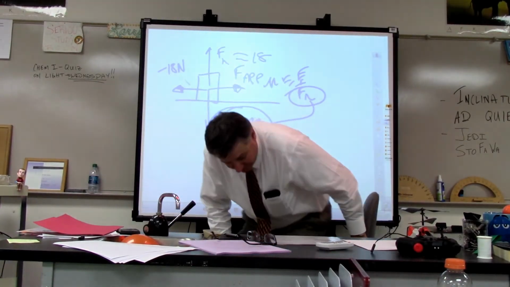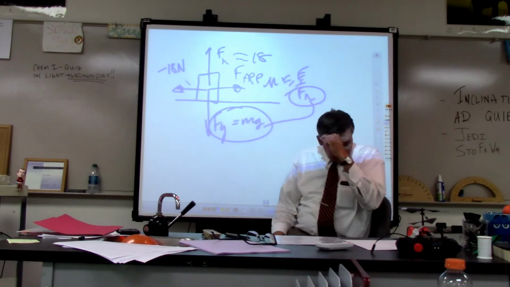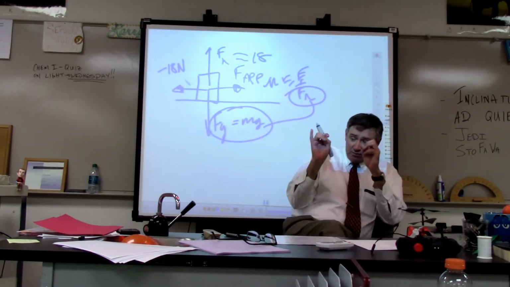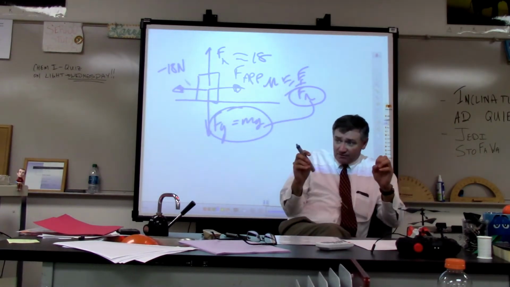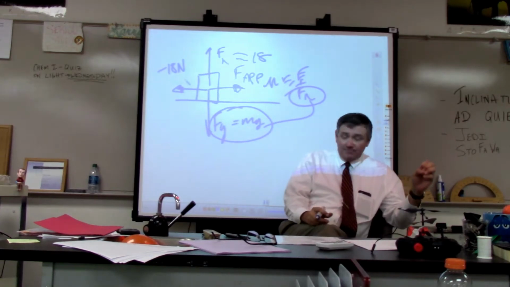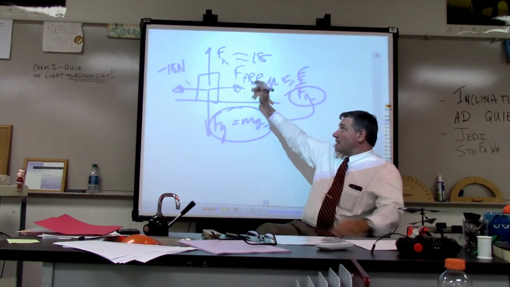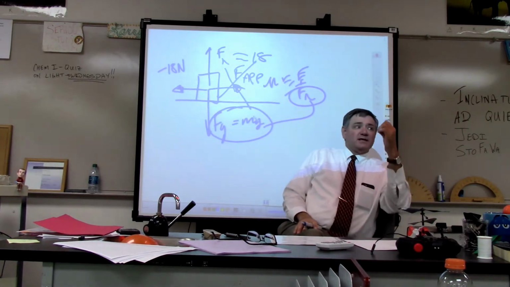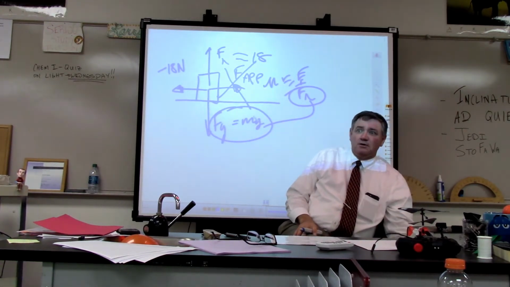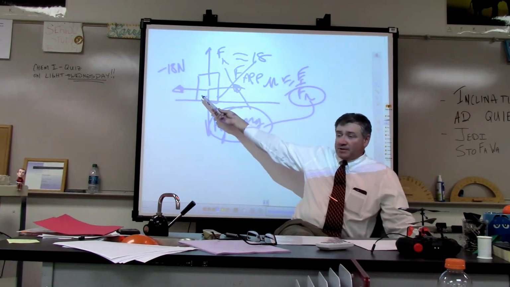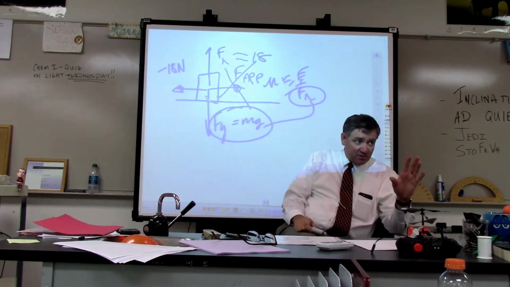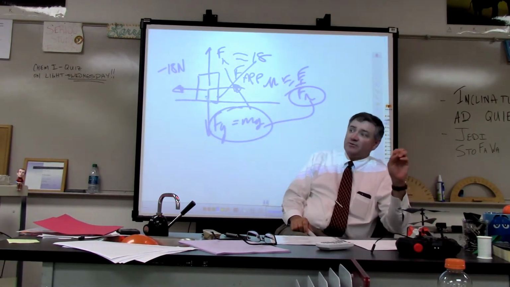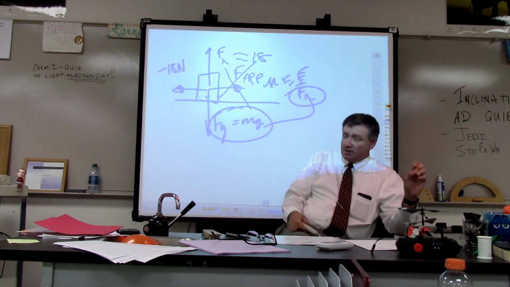So here's the deal. I wrote this with the idea that you understand the difference between constant velocity and accelerated motion. As soon as I stop pushing it, I lose my applied force. But what is still there? Friction. This now becomes an unbalanced force. When you have an unbalanced force, you get an acceleration.